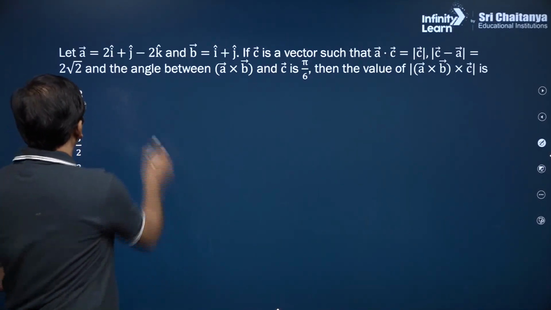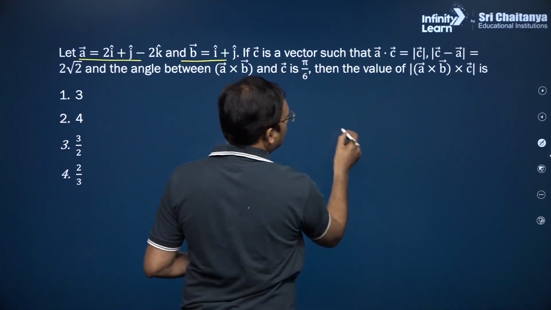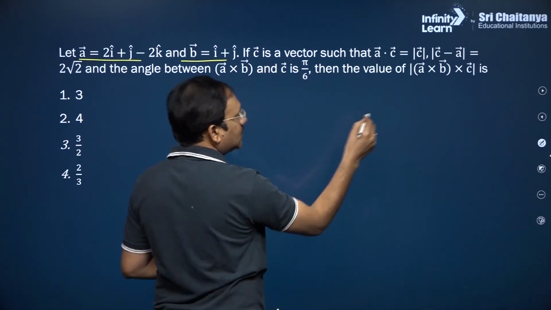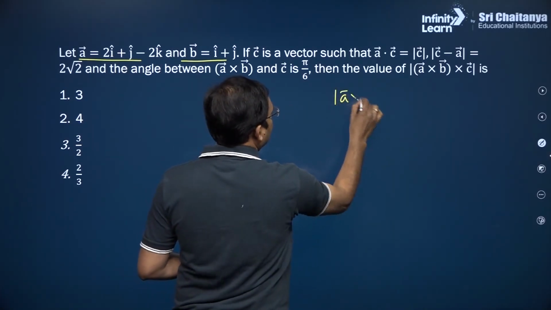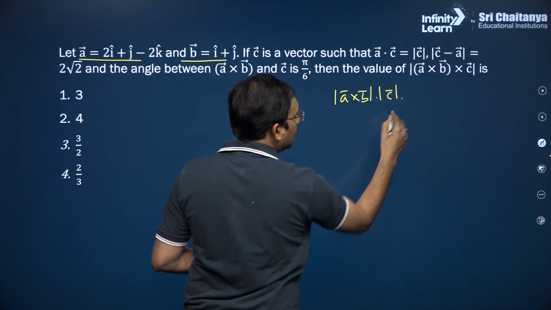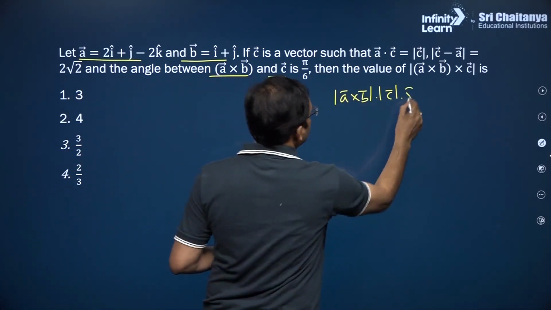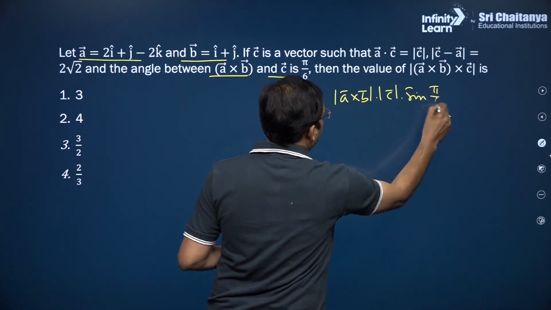Next, my dear friends, a bar, b bar are given, so he finally wants the magnitude of a cross b cross c. Can I write it as magnitude of a cross b into magnitude of c bar into sine of the angle between them? He has given the angle between a cross b and c bar as pi by 6, my dear friends.